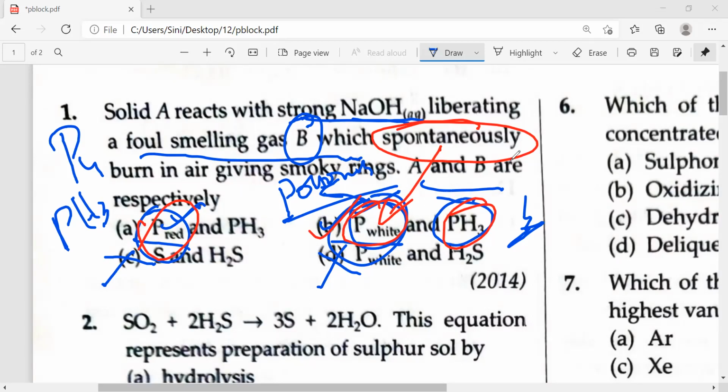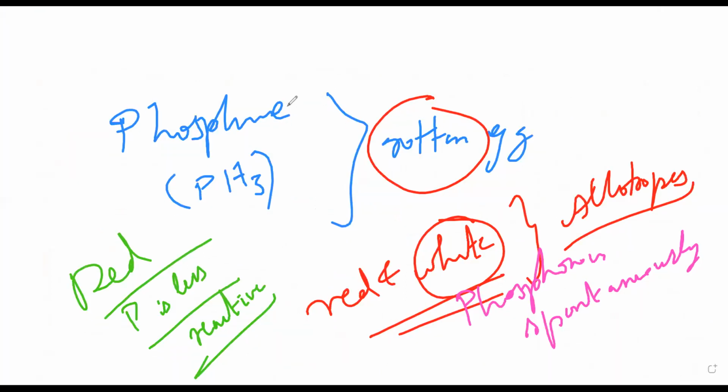If there is any confusion, it is better to write the entire reaction. I'm writing P4. I'm not writing red or white, because you know what it is. So P4, white phosphorus, because some of you may have the confusion why it cannot be H2S also.